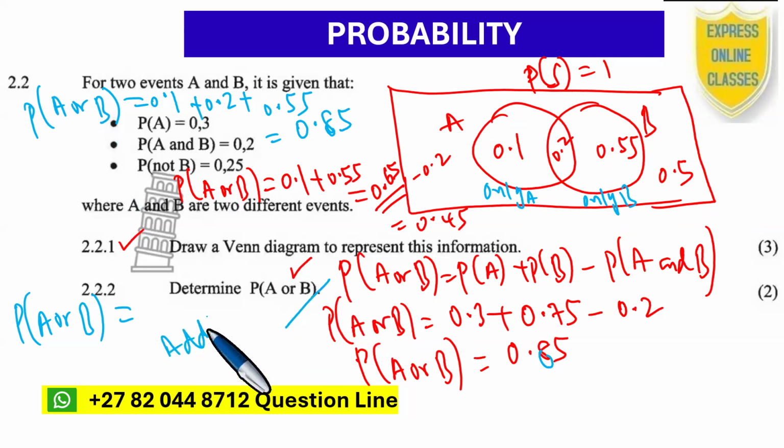What is the addition rule? The probability of A or B is the probability of A plus the probability of B minus the probability of the intersection. Any question on this one?